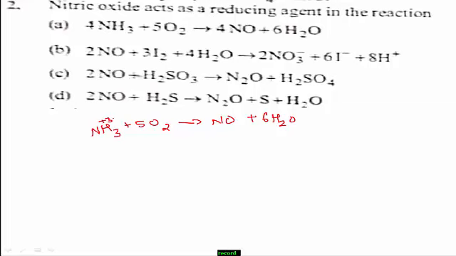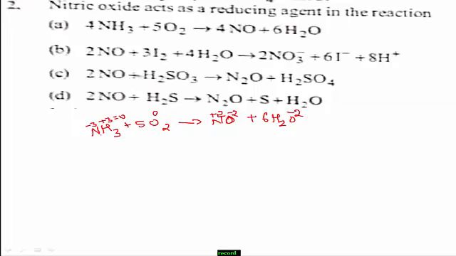When the sum of all the oxidation states becomes equal to 0, the nitrogen oxidation state becomes -3, right? Next, 5O2 is in molecular form, therefore its oxidation state is 0. But in NO, the oxidation state of nitrogen is +2, because oxygen is always -2 in its compounds, and in 6H2O, oxygen here is -2.